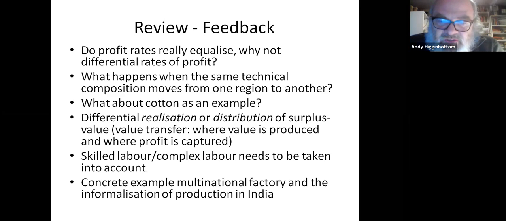What about cotton as an example? Huge question to answer. And I would like to come back to that in a completely different context. But I think that the thread that cotton gives to the capitalist mode of production is only partially recognized by Marx in volume 1. Cotton comes in on chapter 7, which is when he starts explicitly dealing with the capitalist mode of production.